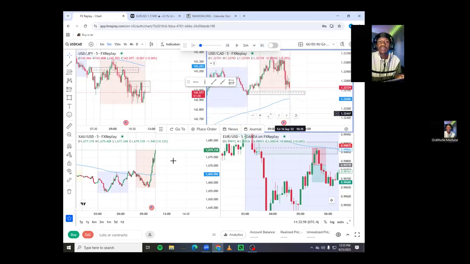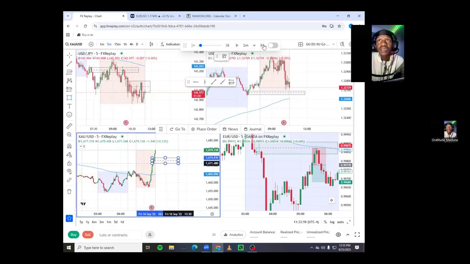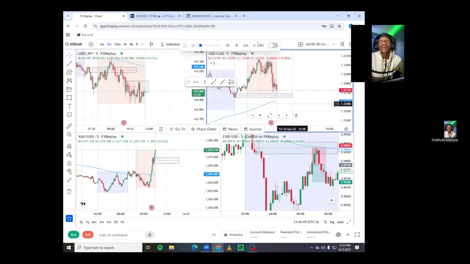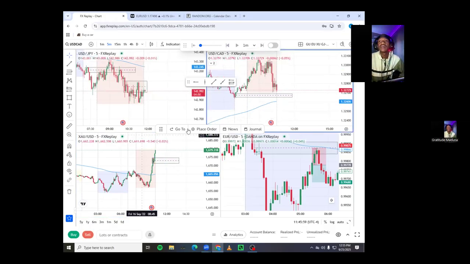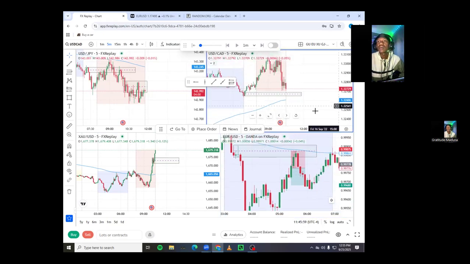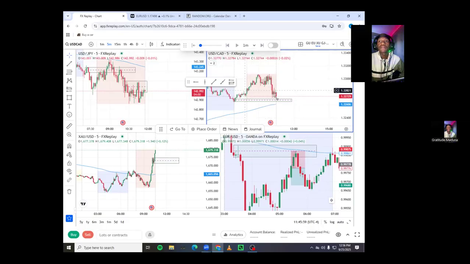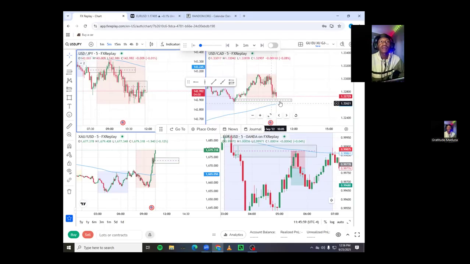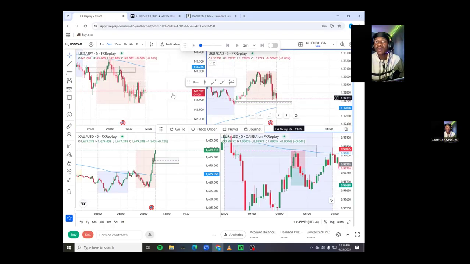What's happening with this one now? Okay, gold seems to have given us structure here. Gold, these are not moving. I wonder why. This is not moving. Oh, this software has a few glitches here and there, so it must be loading, because this must be moving when this is moving.